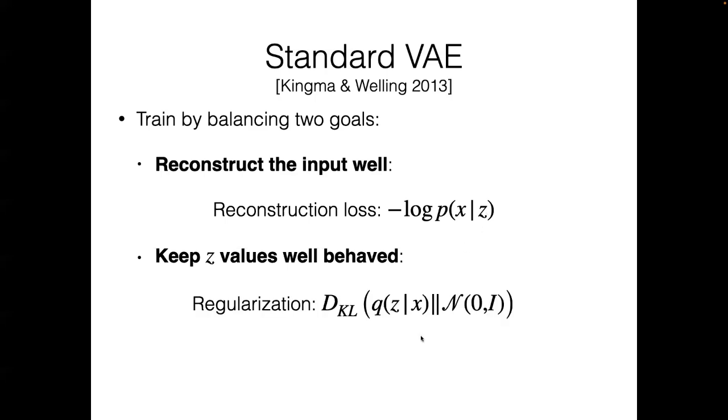And then as I mentioned before, we don't want to pick just random latent representations. We want to keep the latent space well behaved so that we can sample from the model. For that, you have this regularization term, which is the KL divergence between your learned encoder, or learned posterior, and this standard Gaussian, which is the prior distribution.